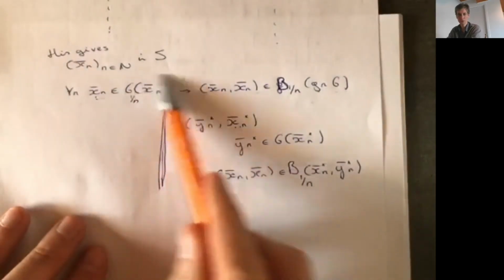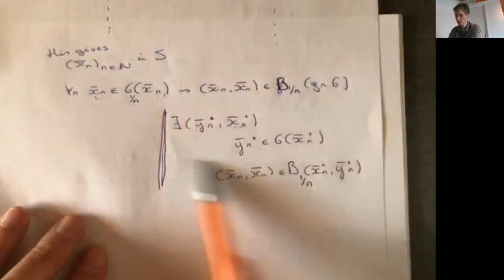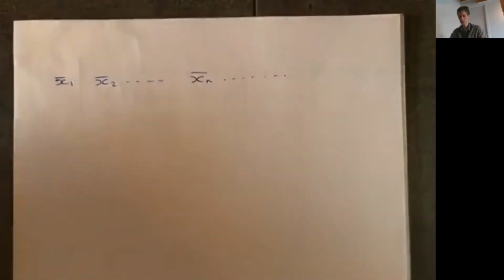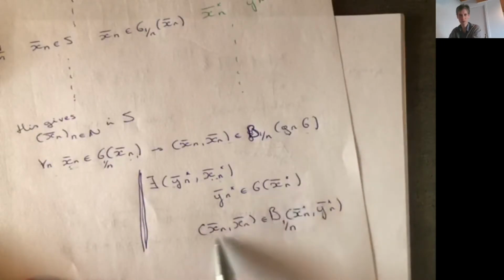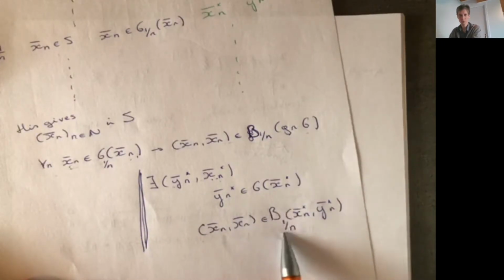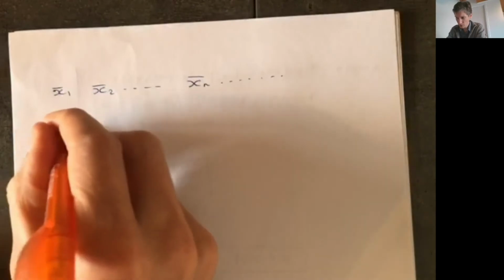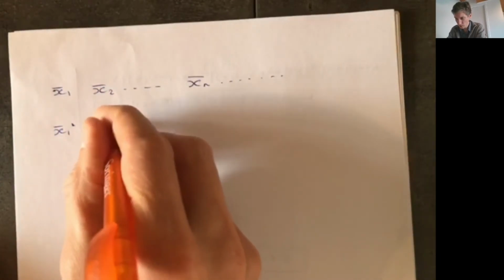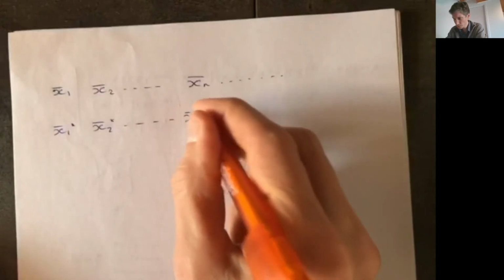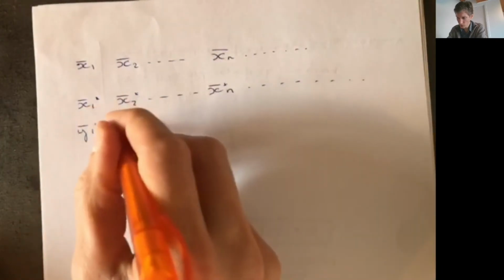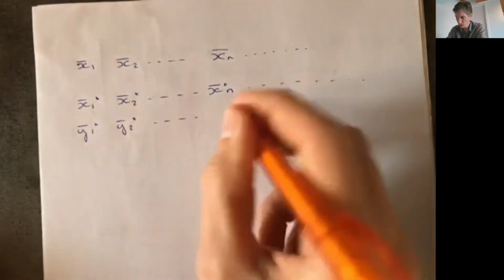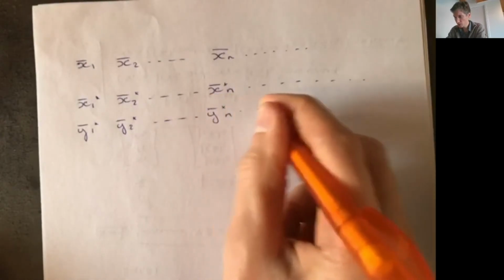Using the definition of this G 1 over n, we have a sequence of xn stars and yn stars, such that yn star is in G of xn star, and the distance of xn to xn star, yn star is at most 1 over n. So we have an x1 star, an x2 star, and so on, xn star, and we also have a y1 star, y2 star, yn star. And all of these live in the set S.